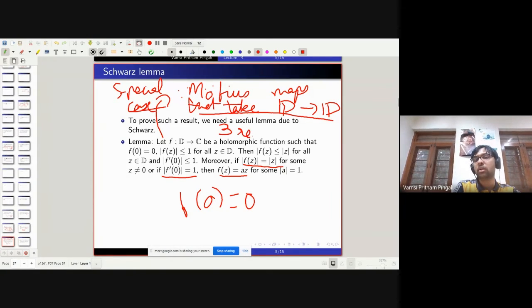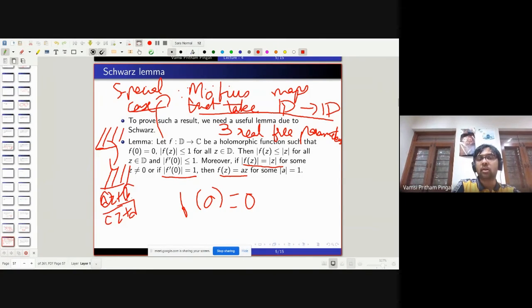You have 3 real free parameters. Why? Because at least for the upper half plane to itself, they are of a very specific form, az plus b by cz plus d, where a, b, c, d are real and ad minus bc is positive. What about the disk to itself? You first map this to the upper half plane, then the upper half plane to itself, and back to the disk, right? So there are only 3 real free parameters at your disposal.